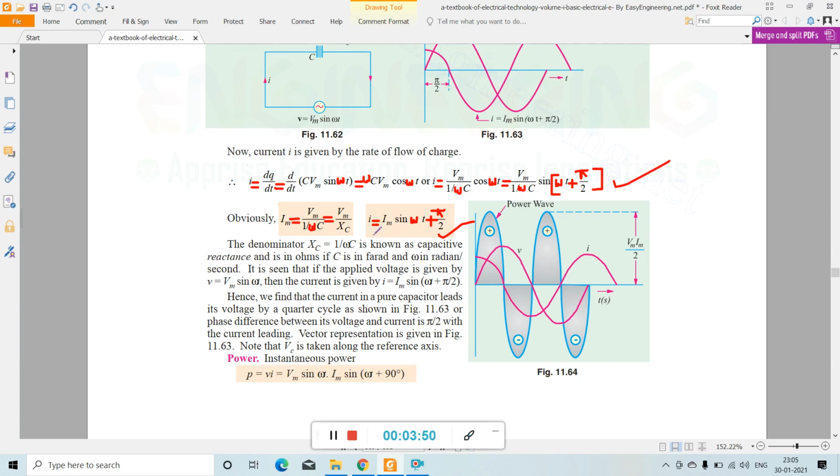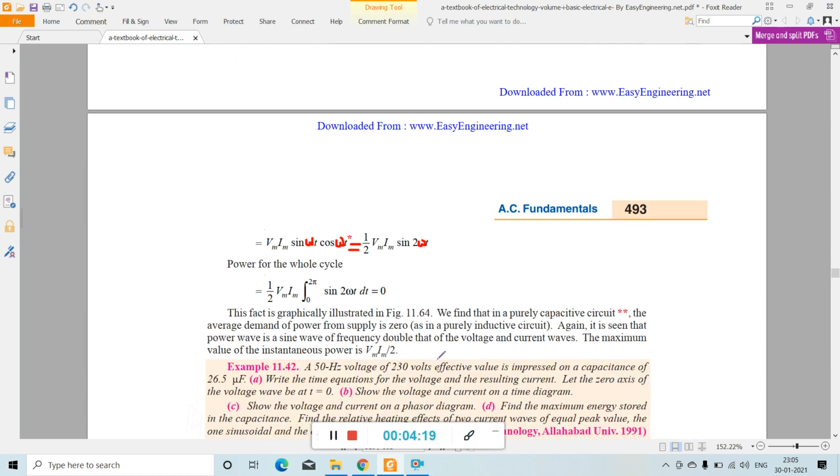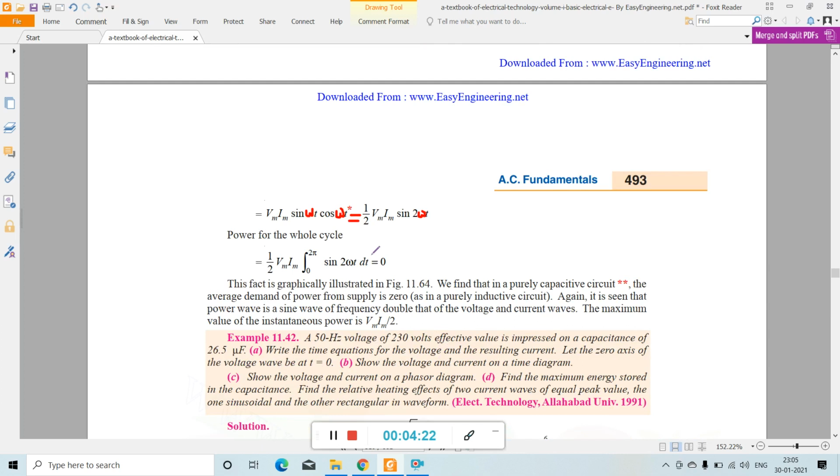This is written here also, I = Im sin (omega t plus pi by 2), and here this 1 by omega C is the Xc, known as capacitive reactance. We find that current in a pure capacitor leads its voltage by a quarter cycle. That means current leads voltage by an angle of 90 degrees. Clear? And in case of pure capacitance also, power for the whole cycle is 0.